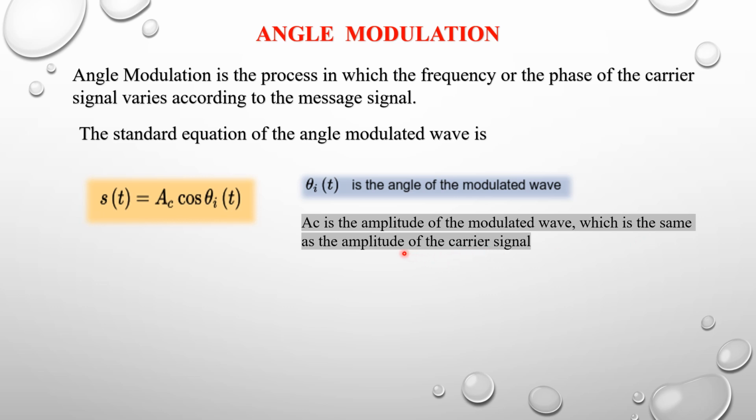So for example, you take Am, the amplitude of the modulating or message signal, equal to 5 volts, and the carrier signal amplitude Ac equal to 5 volts.